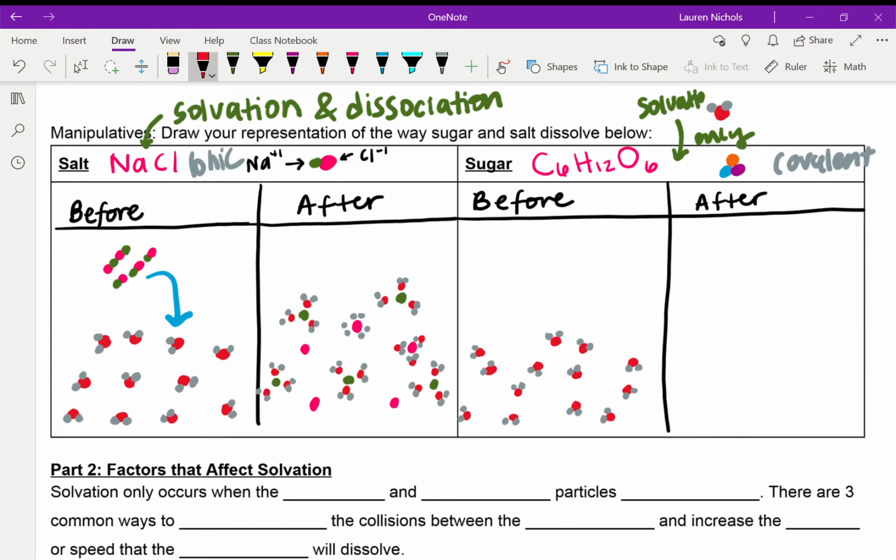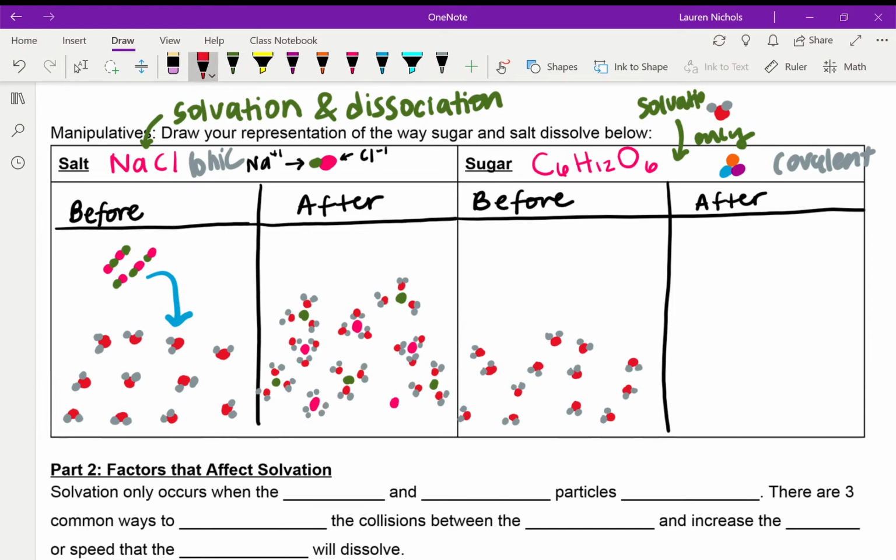And so the oxygens will kind of be away from it. And so we can draw that for every single one of our chlorine ions. So I'm going to draw my hydrogens all near that, and we will be able to move on.